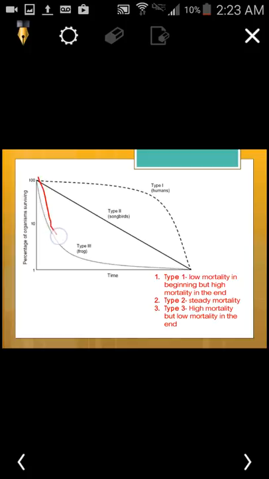You're really high, so you have a lot of species dying really early. Really early on, you have under 10% surviving.